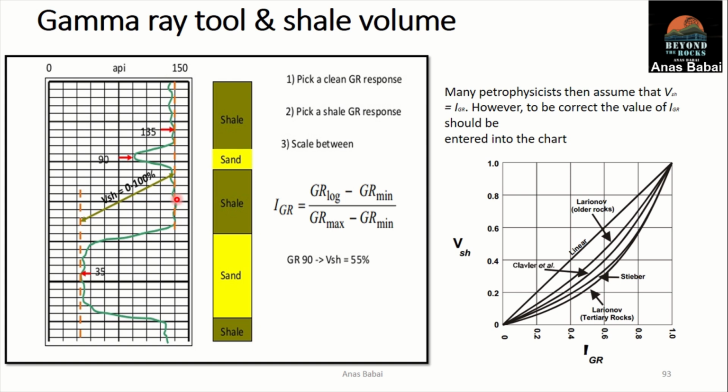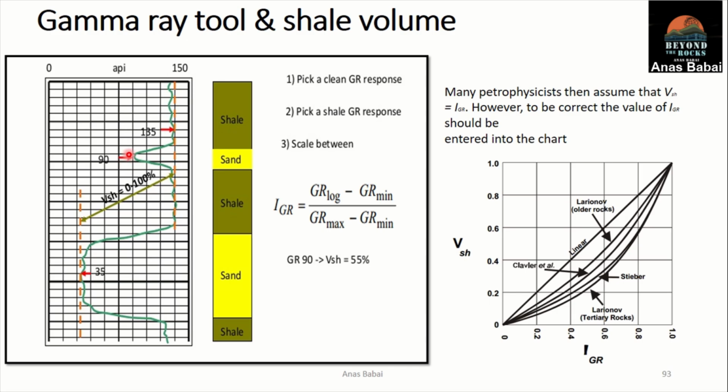So this one represents the maximum gamma ray, and this one represents the minimum gamma ray in the equation. And the gamma ray log is the gamma ray reading in a specific interval where we need to find out the clay volume.